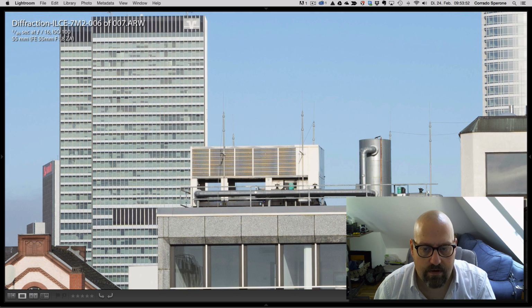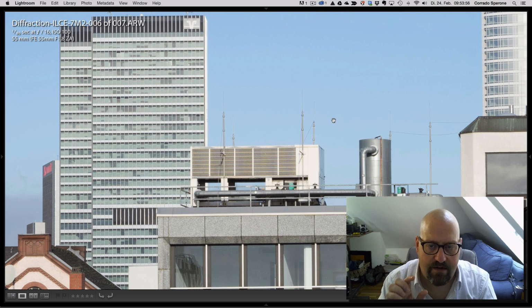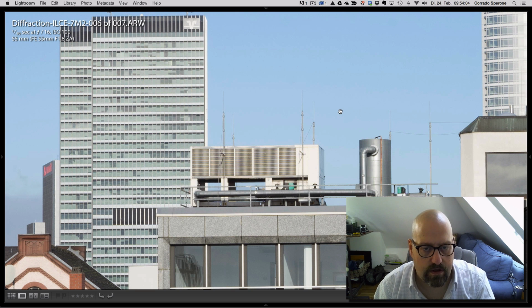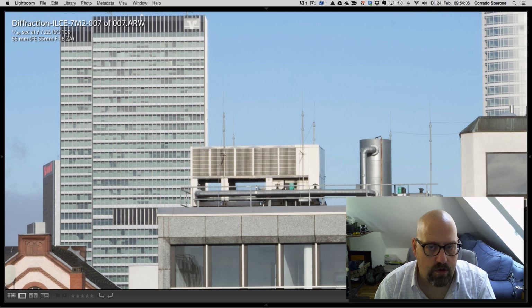It goes down a little bit, not as dramatic as before, and we're going to have a look at the same aperture, comparing the two cameras one to the other. And then at f22, again, you have a substantial loss in quality.